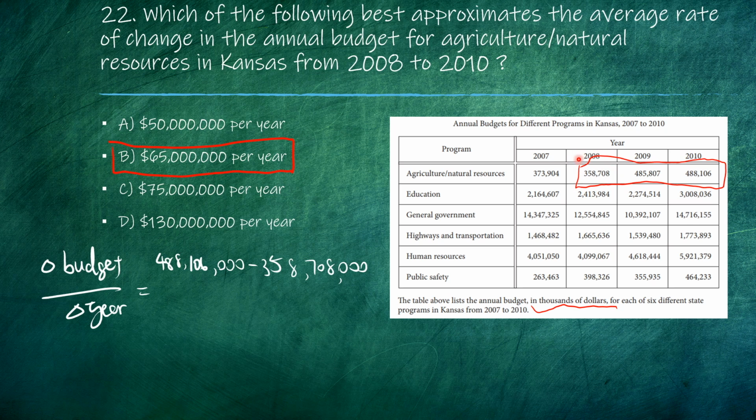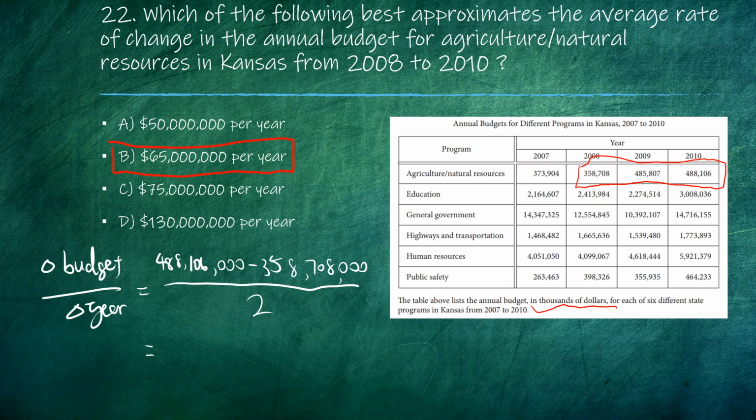So once again here, that's the difference between this number and this number. And the change in years is 2 years, because from 2008 to 2009, that's a change of 1 year, and from 2009 to 2010, there's a change in the 2nd year.